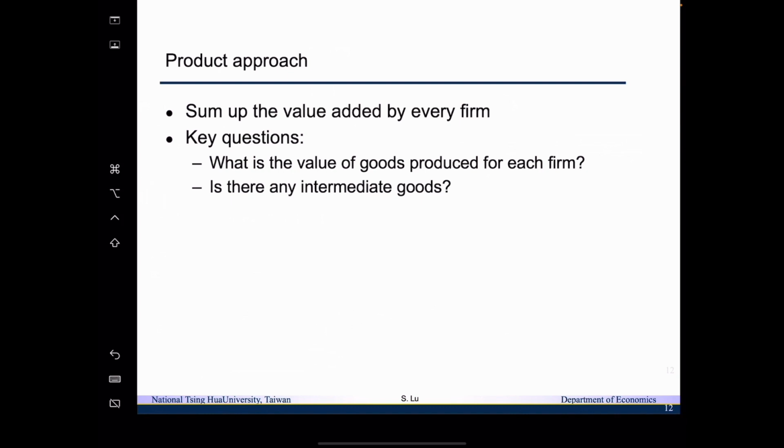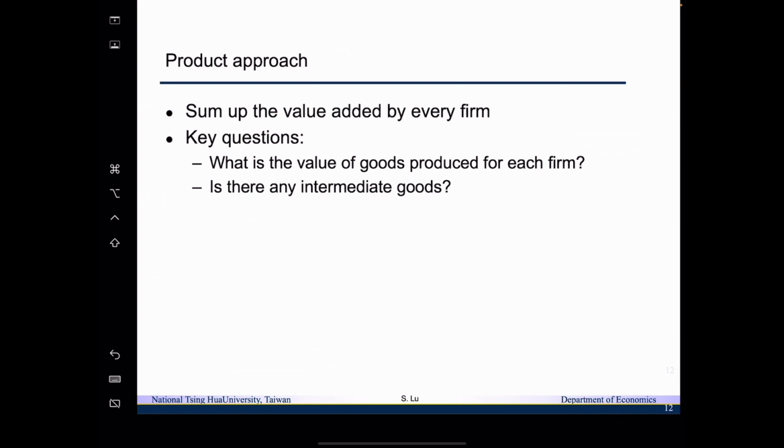If there is any intermediate goods, then the value added of that particular firm will be the total value of the good they produce minus the value of the intermediate goods. If there is no intermediate goods, the question will become simple because the total value of the good that is produced by that particular firm will equal the value added of that firm.